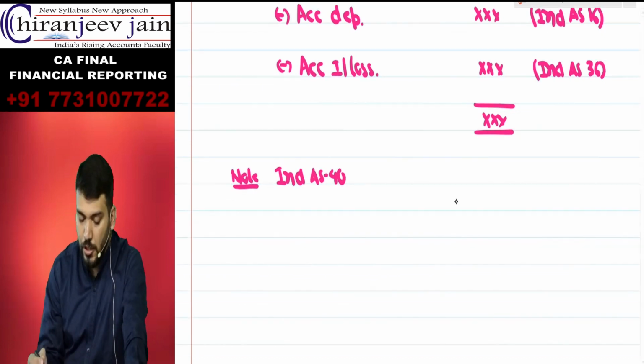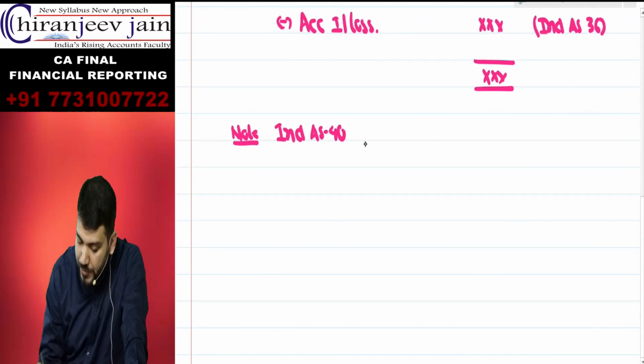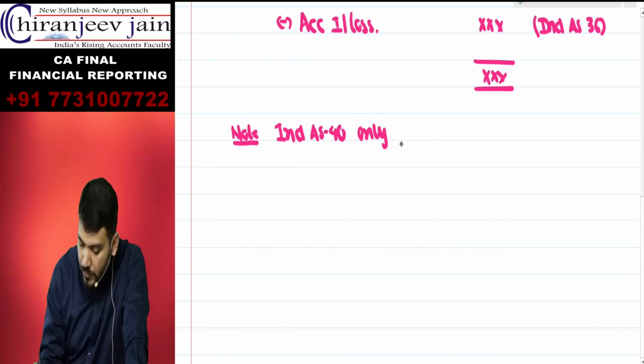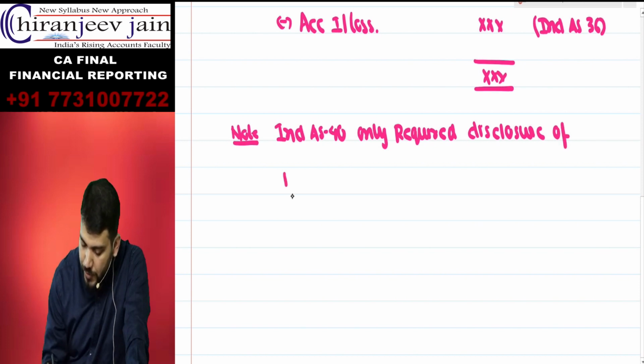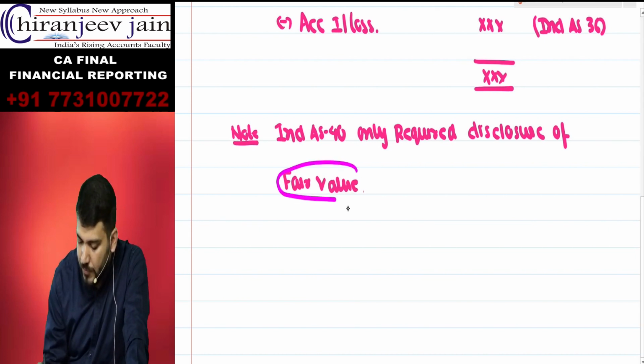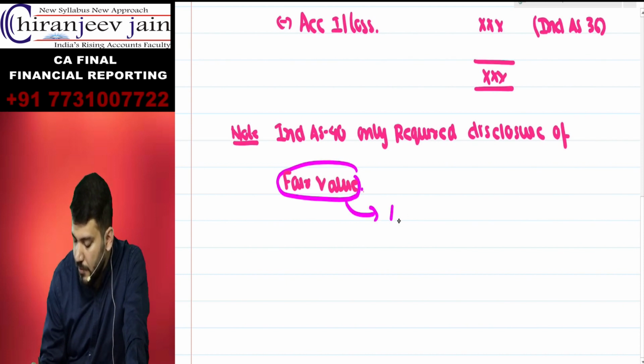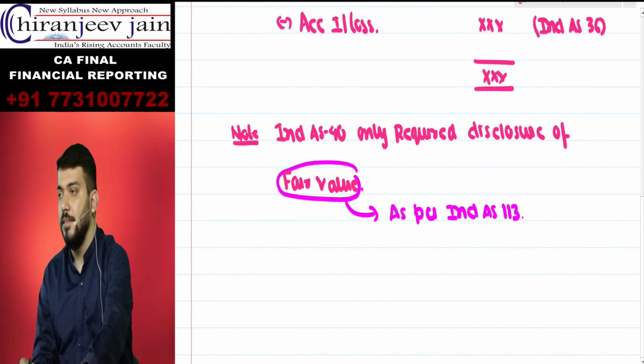Okay? Understood? So Ind AS 40 only requires disclosure of fair value, and this fair value will be measured as per Ind AS 113.